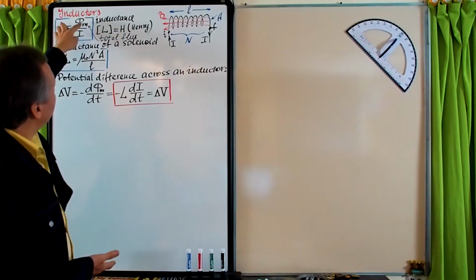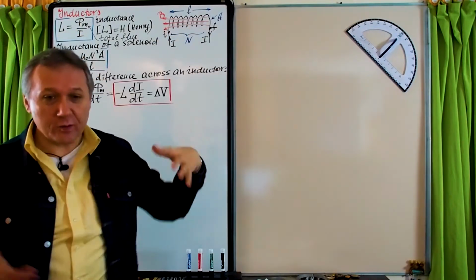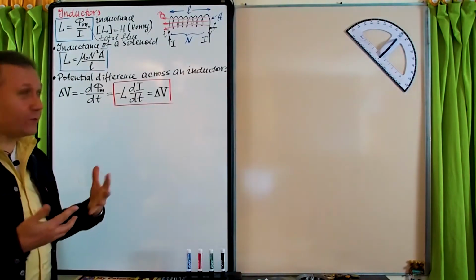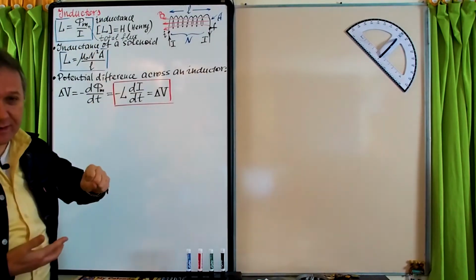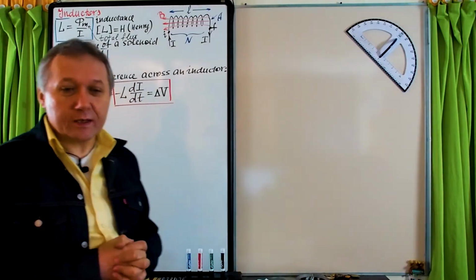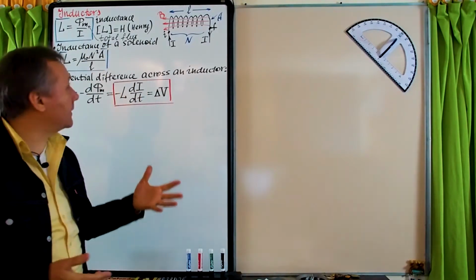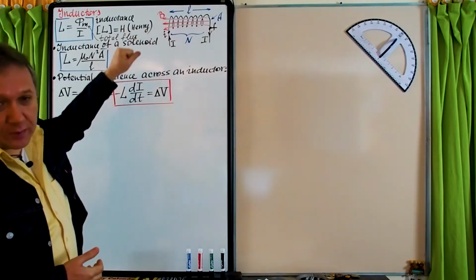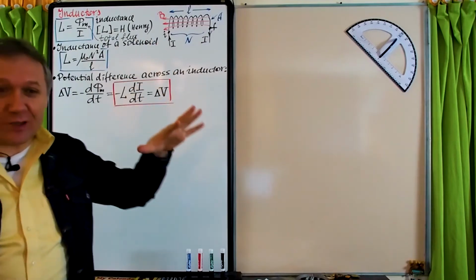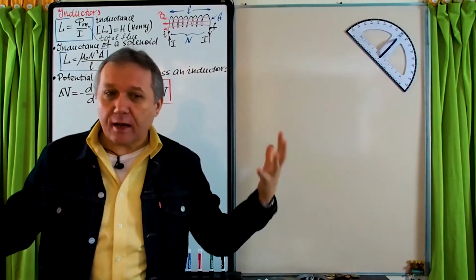Anyway, total flux divided by the current which creates this flux. That ratio we called inductance. And we introduced a special SI unit, because this quantity is used a lot in electronics. So Henry, capital H.